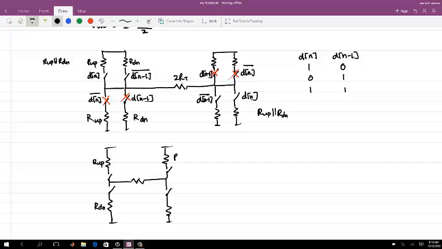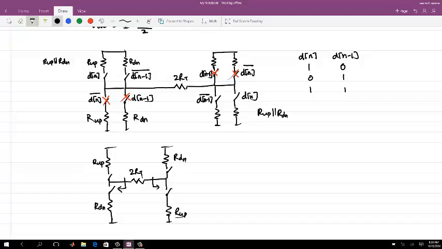And similarly you have R down here and R up here. Okay, so the looking-in impedance on the left hand side is still equal to R up parallel R down, and so is the right hand side. And because you created a resistive divider, you get a different output swing.